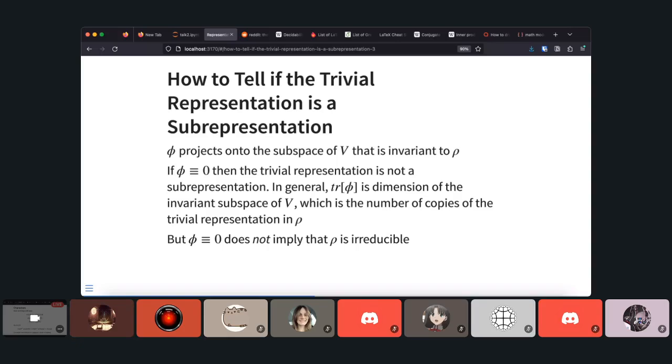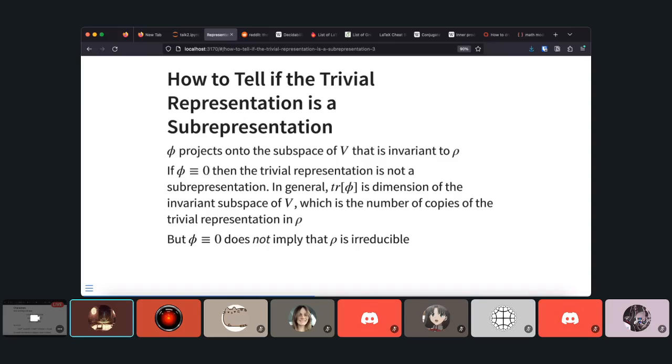So whenever you do this, you are splitting the representation into two pieces. One of those is all of the subspaces of the trivial representation, but whatever you have left is also still a representation.